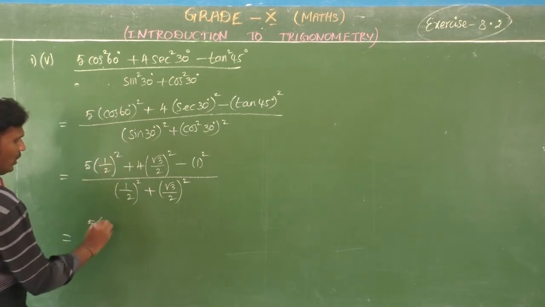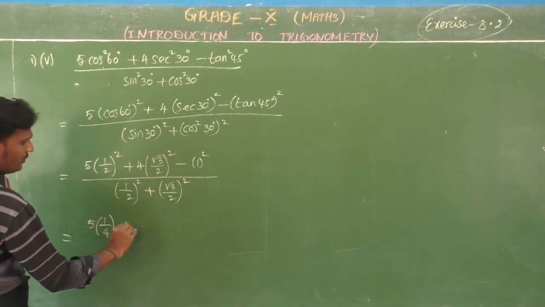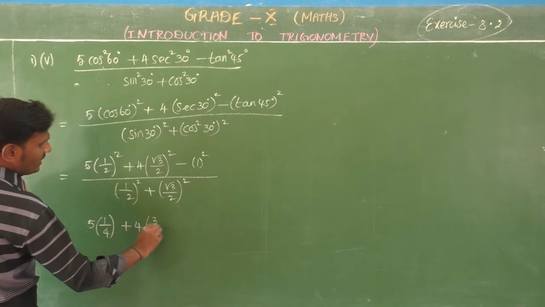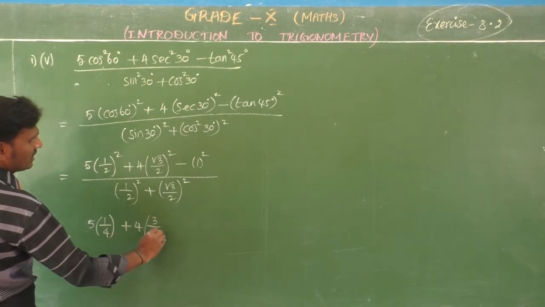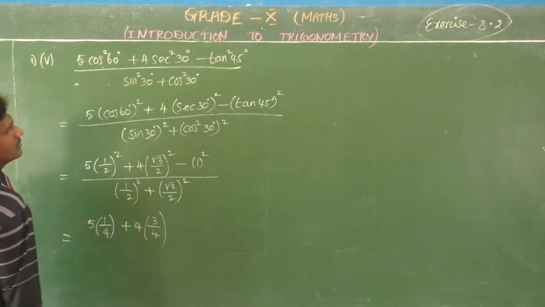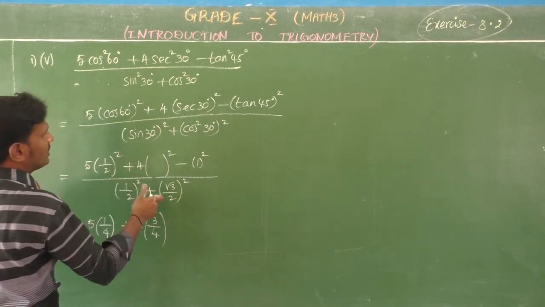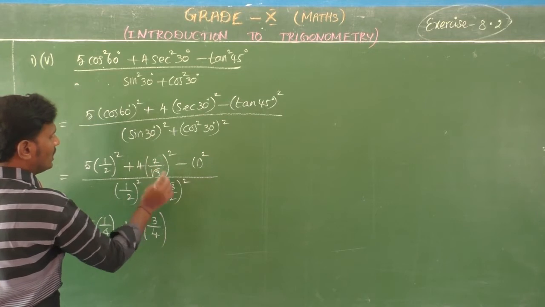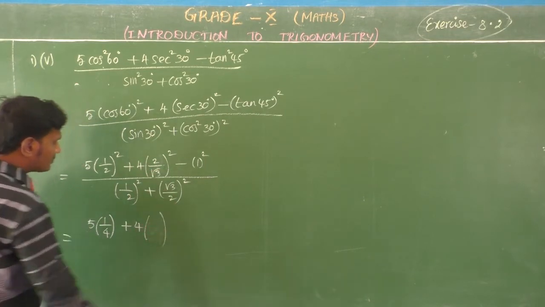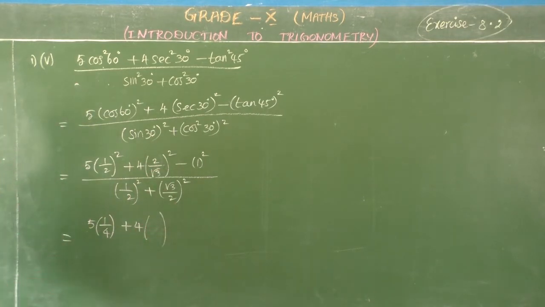5 into (1 by 2) the whole square is 1 by 4 plus 4 into, what will come, secant 30 is the value of 2 by root 3. Why? Because see, cos 30 is root 3 by 2 and secant 30 is the reciprocal of cos, so 2 by root 3.